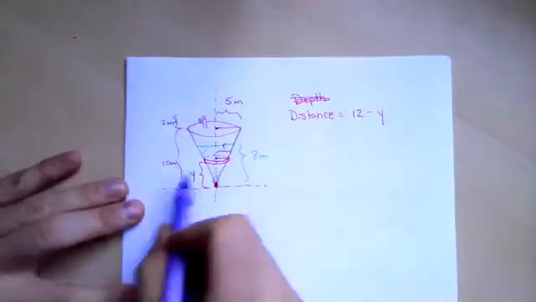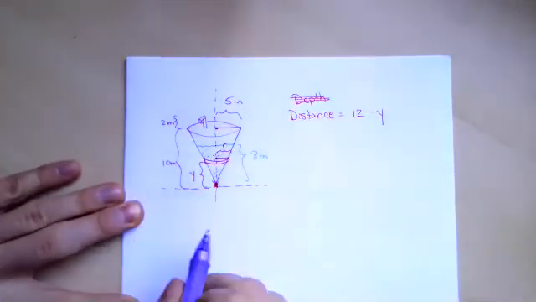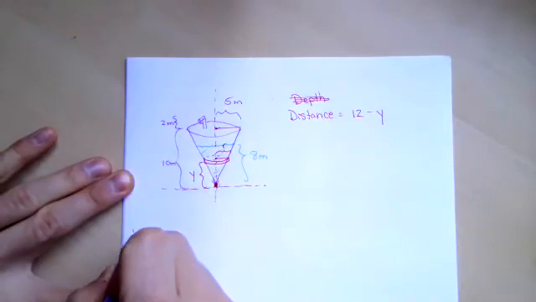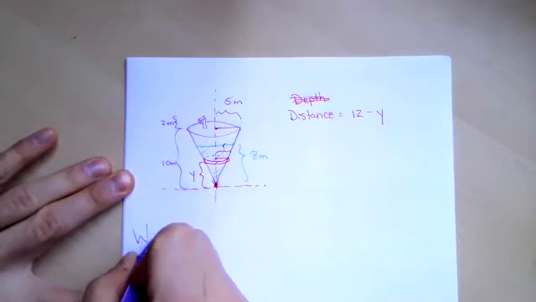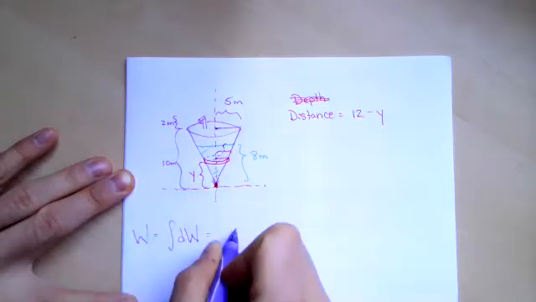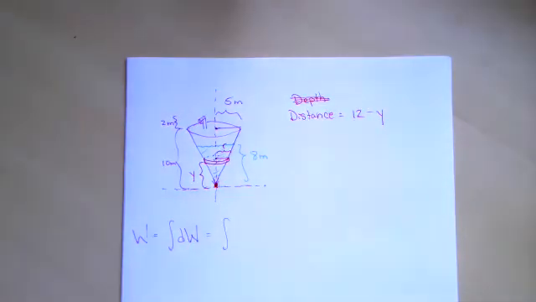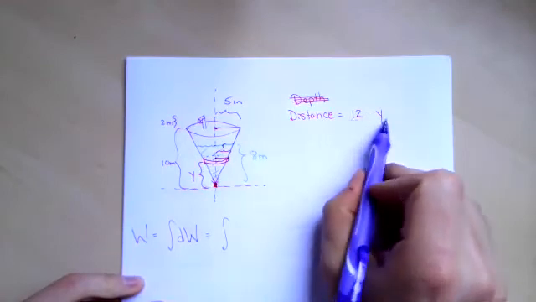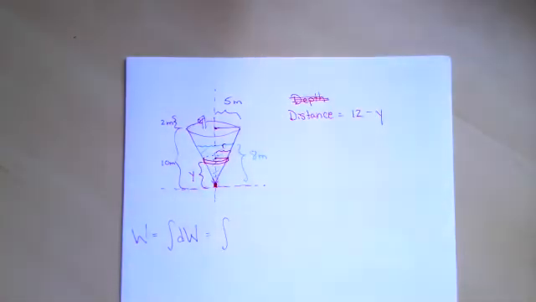And if we want to set up our integral, of course we're going to need some other things, and you may not see what you need at first. So I've been doing these this way. Our work is the integral of dW, and work is force times distance. So which one is infinitesimal? The distance we already found is given by a nice equation.